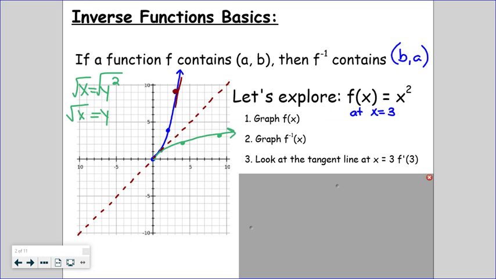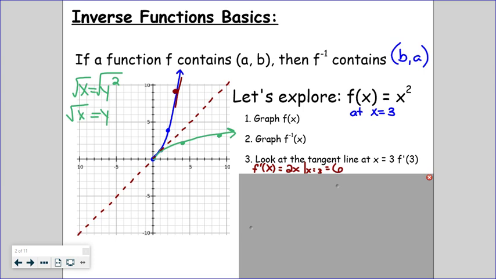So if I were to look at the function algebraically, the derivative of our function would be 2x. And if I evaluate that at x equals 3, we would get 2 times 3, or 6, slope of 6. Okay? Now, here's what's tricky about doing derivatives when talking inverse functions. If I want to talk about the derivative that is associated with this one, I have to use its corresponding point, not the same x value, but its corresponding point.